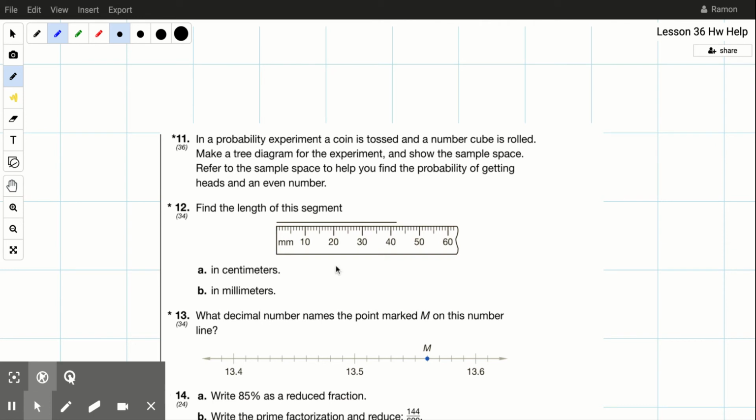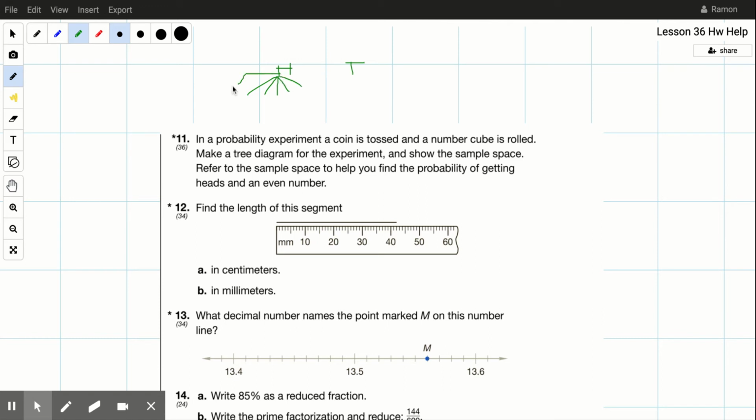Number 11, in the probability experiment, you toss a coin and then you roll a number cube. Make a tree diagram and show the sample space. So before we get to the rest of the problem, let's go ahead and work on the tree diagram. If we're going to toss a coin, we have a couple outcomes, right? We can get heads or we can get tails. Now, based off of that, if we roll a number cube, we have 6 different possibilities that can occur.